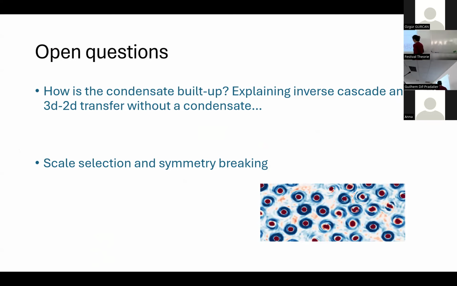You see there are only cyclonic vortices here in the sea of negative vorticity. So there is an interesting question of what selects the scale of these structures and how they are sustained. I think it's not unrelated to what happens in beta-plane turbulence and scale selection there.